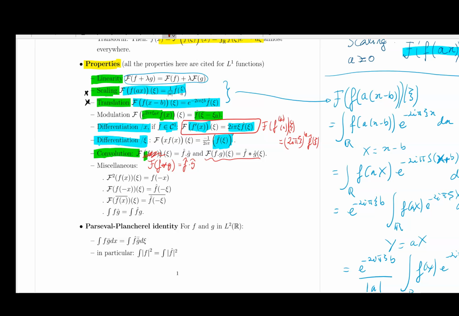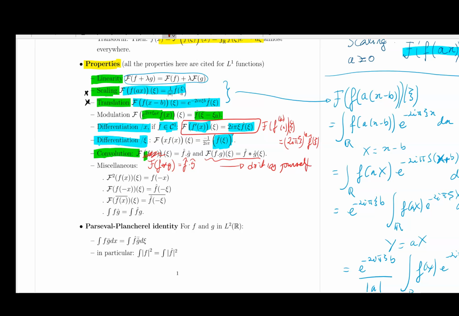I guess that's not too hard to show, but maybe this is something you can try by yourself. So don't hesitate to pause now or do it later to prove this formula.